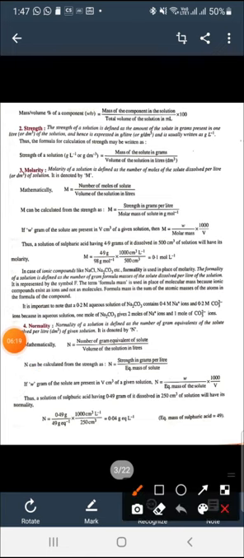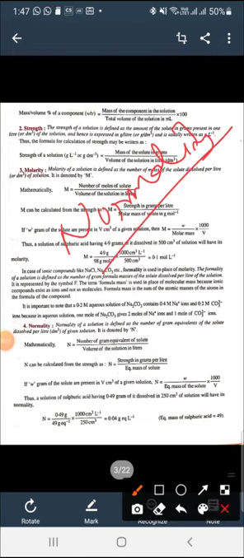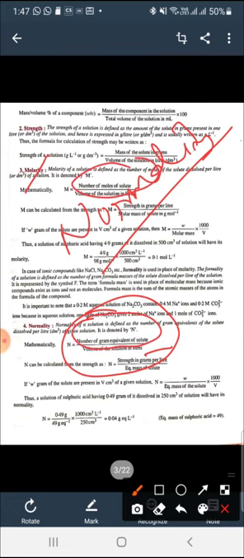Like this, there is a term normality. Normality is the number of gram equivalents of solute upon volume of solution in liters. It is exactly similar to molarity, but the difference is that number of gram equivalents is used here, and there number of moles, equal to given mass upon molecular mass.